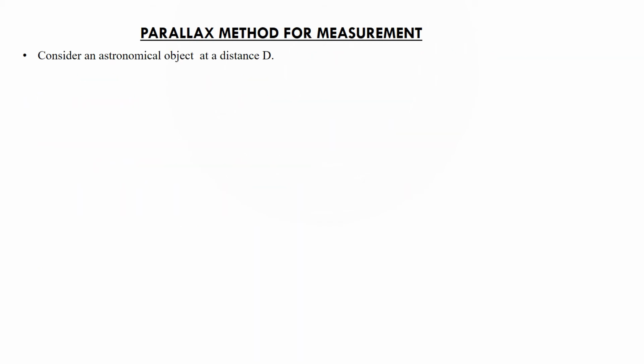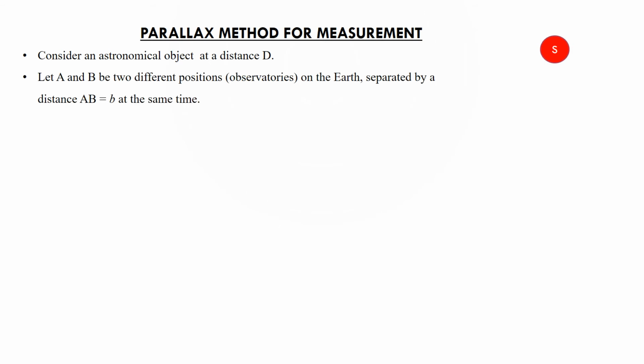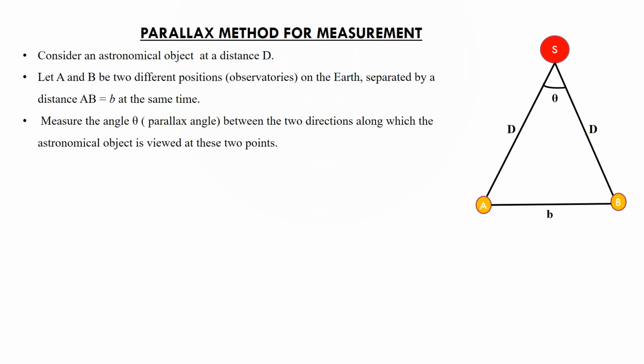Consider an astronomical object at a distance D. So S is our astronomical object. Let A and B be two different positions, that is observatories on Earth, separated by a distance small b. D is the distance as we said, and theta is the angle. So we will measure angle theta.